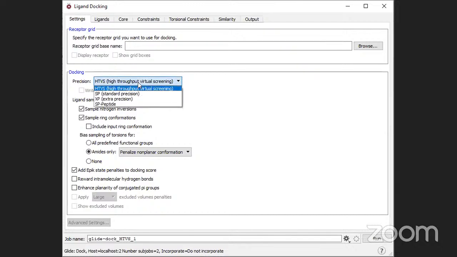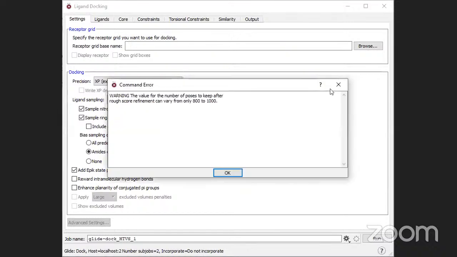But if it is limited, in thousands, then we'll use standard precision. But if it is around 100 in number, then we'll use extra precision. Most of the time, we get good results in extra precision mode, and the accuracy of extra precision docking is much higher in comparison with the other precision models.